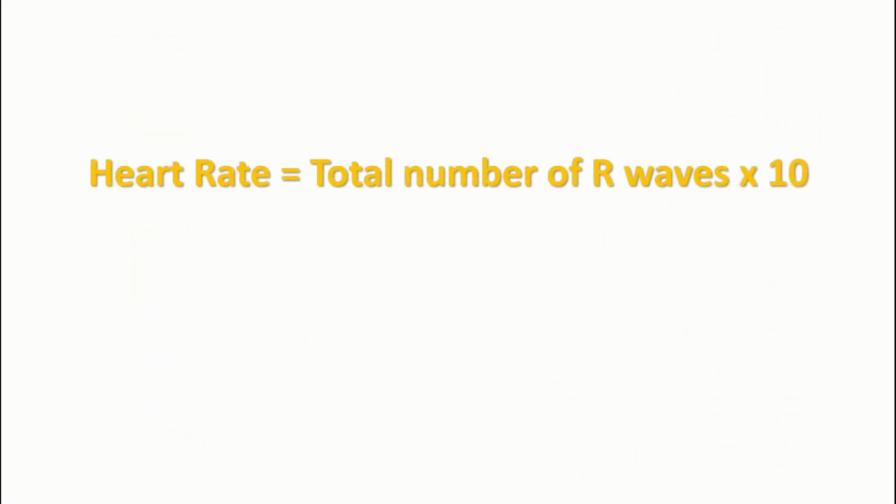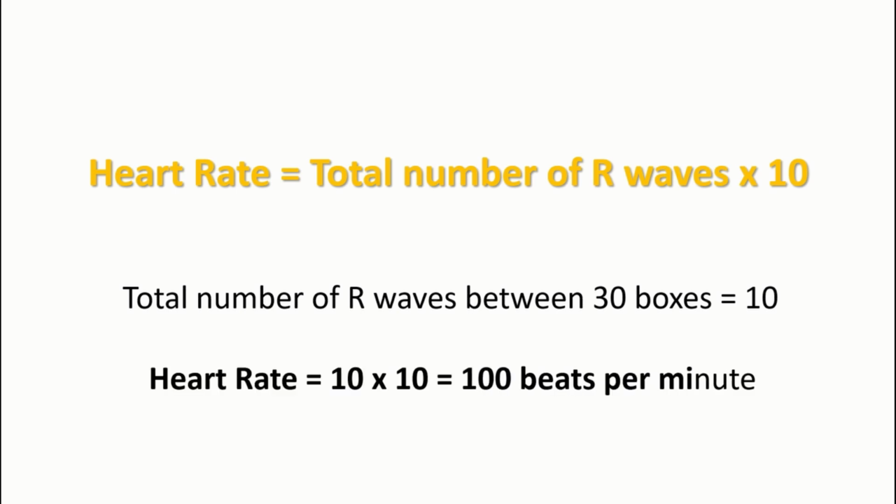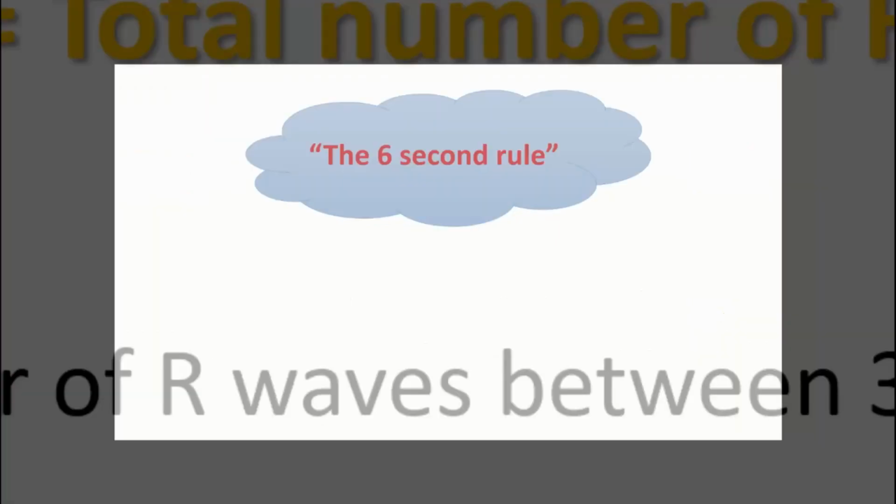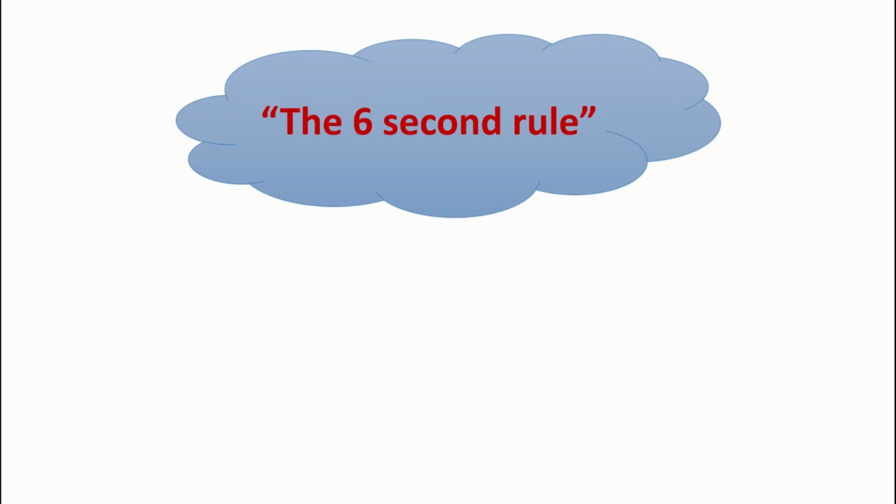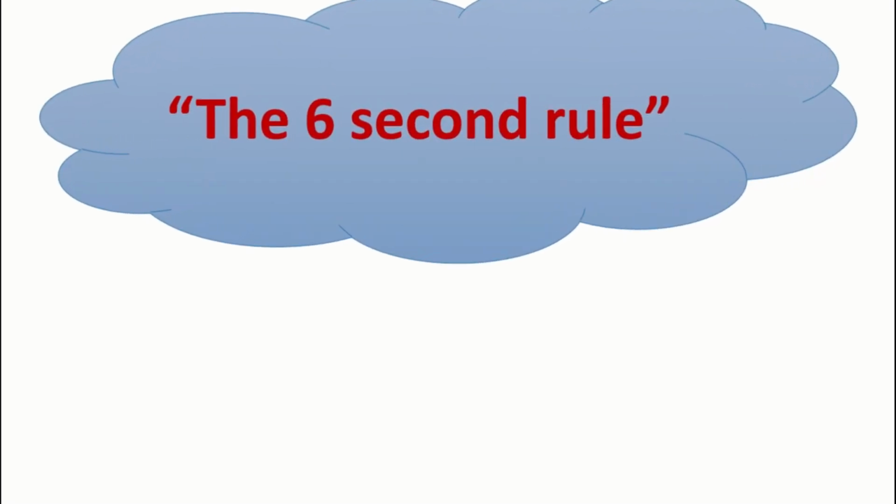According to the 6-second rule, heart rate will be equal to the total number of R waves between 30 large boxes multiplied by 10. In our case, the total R waves are 10 and hence heart rate will be 100 beats per minute. This was a simple technique to calculate heart rate with the 6-second method which can be used in both regular as well as irregular rhythms.